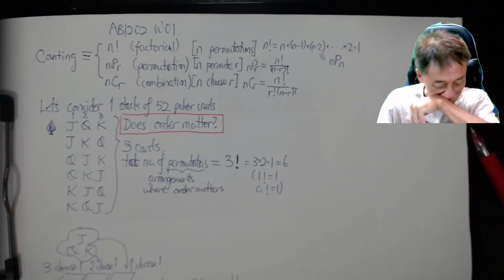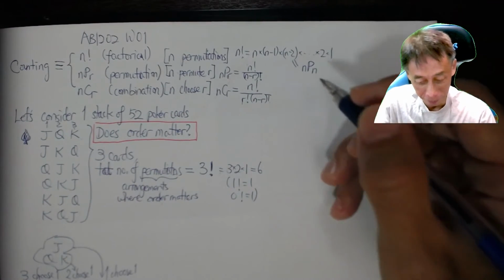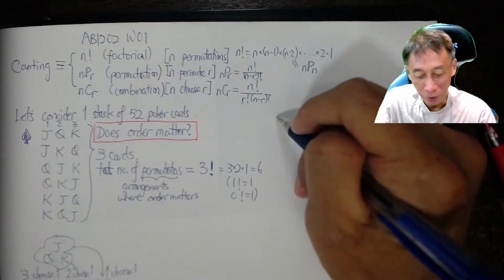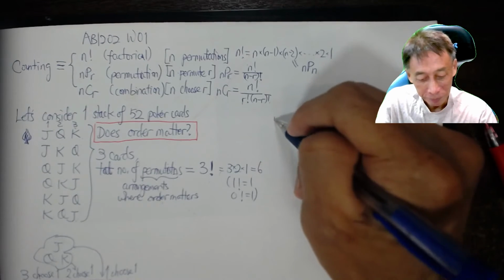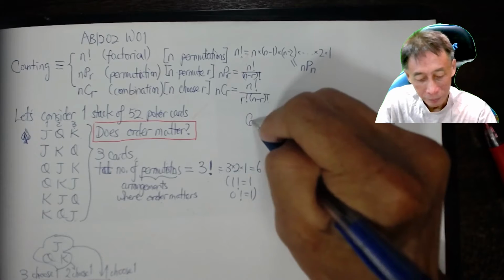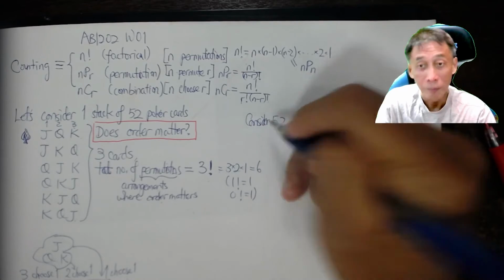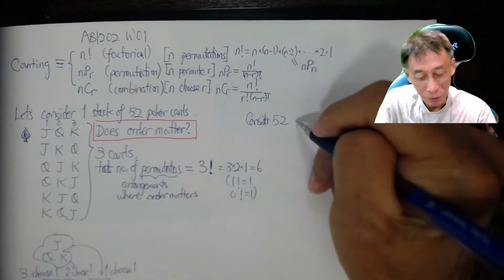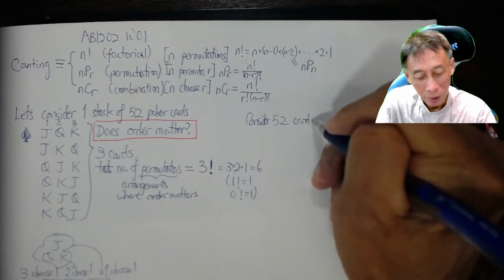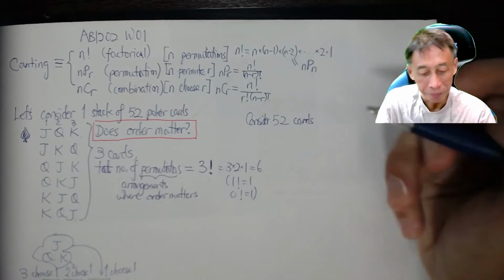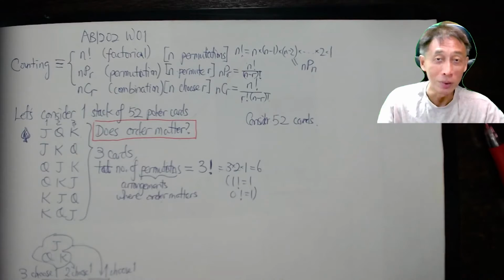Now let's consider 52 cards, all 52 cards, fresh cards. The whole stack, right?